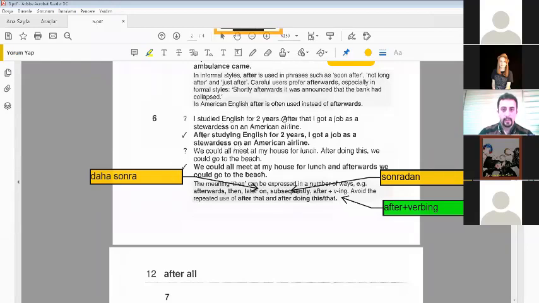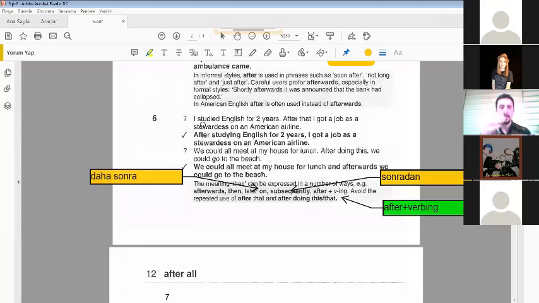Okay, so what happened here, after that, and here we have after studying. What is the difference between this sentence and this sentence? As you see here, in the first sentence, there are 2 sentences. I studied English for 2 years, and after that, I got a job as a stewardess in an American airline.